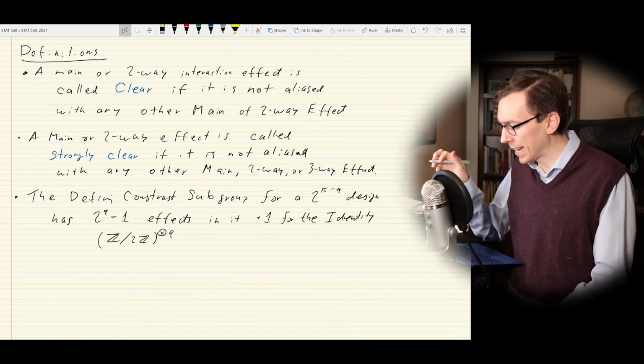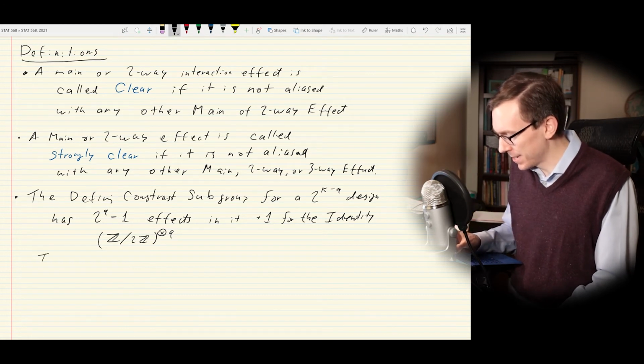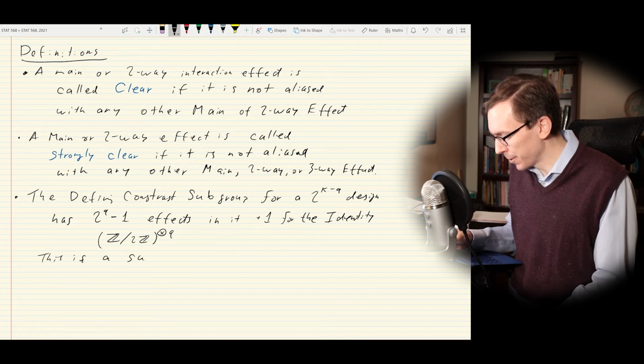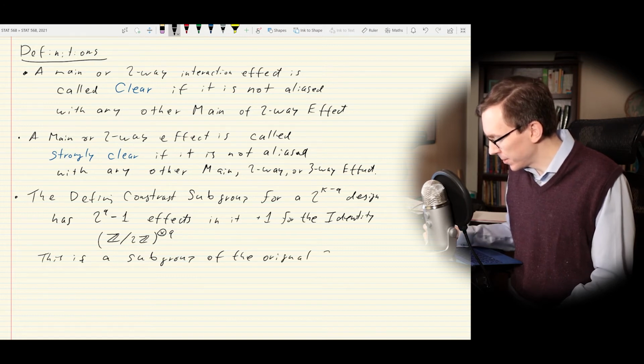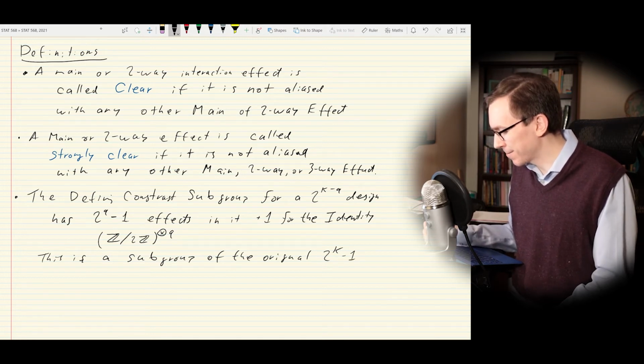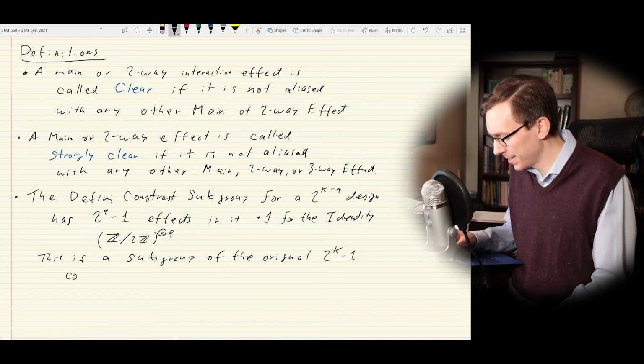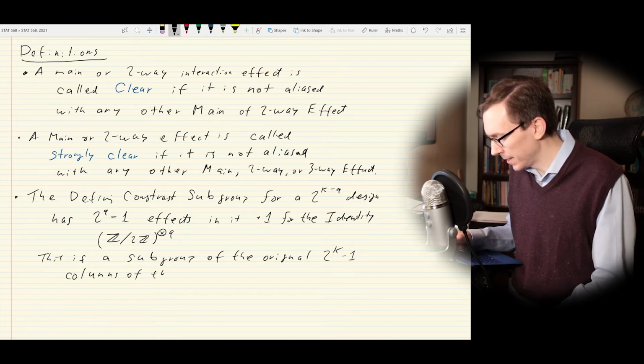But just to consider the fact that this is a subgroup of the original 2 to the k minus 1, I guess, columns of the full design.